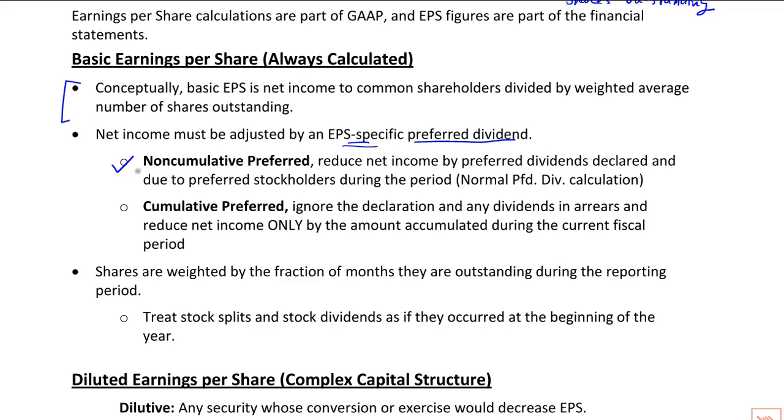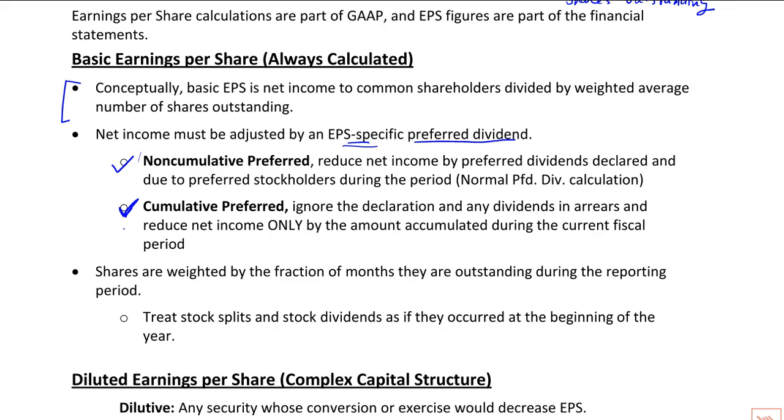What's a little more confusing, but really simpler if you adhere to it, so hear me now, believe me later: if it's cumulative preferred, ignore any dividend declaration information and always subtract out only the current year's accumulation.